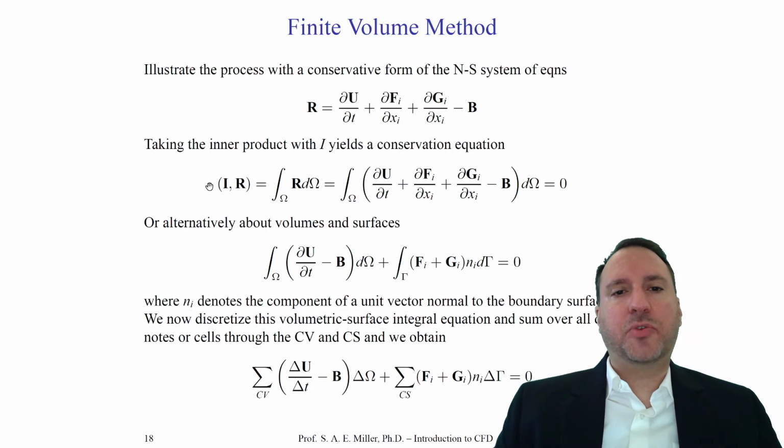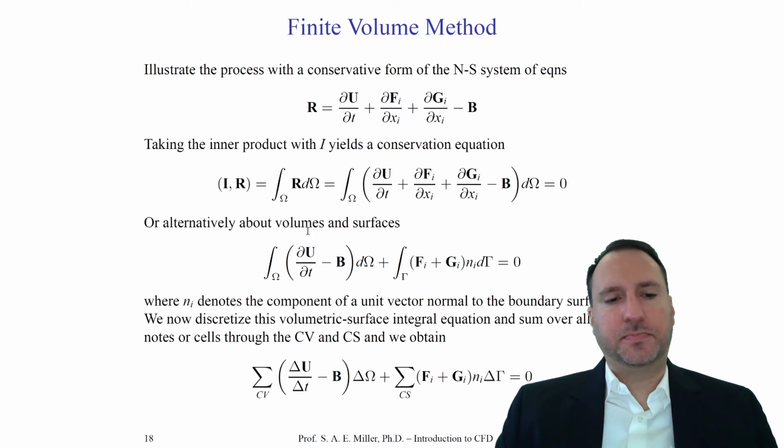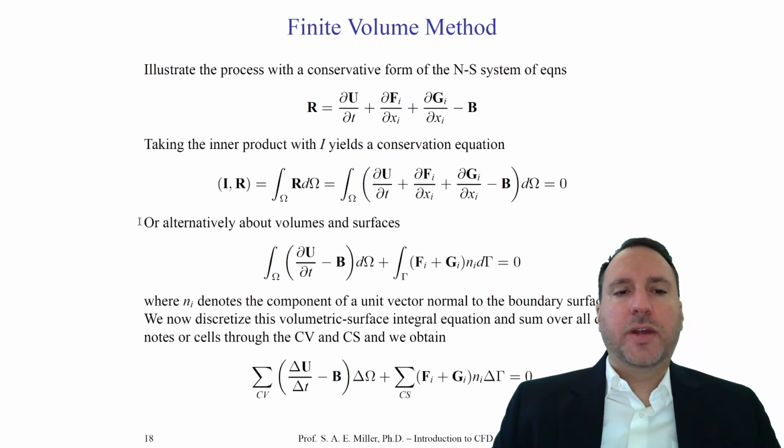Now we would take the inner product with that vector I, which I discussed earlier. We can rewrite the right-hand side as nothing but the integral of the residual being equal to 0. This is a very simple step, but this is the formal process to find it. Now, we can also find alternative forms about the volumes and surfaces.